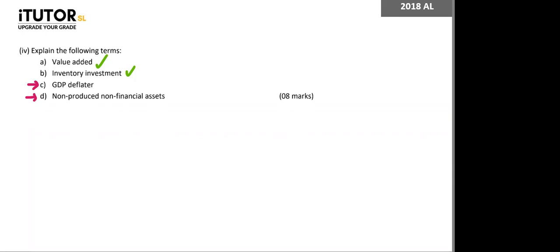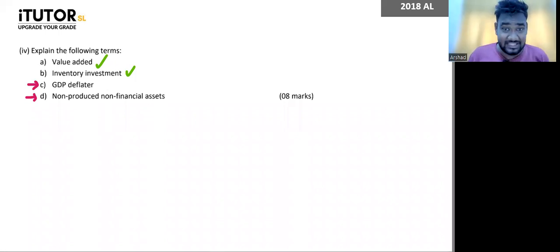So what can I tell about the GDP deflator, guys? GDP deflator, guys, is a measure. Now, I'll give you a nice example. Some of you might ask, isn't the GDP deflator and the National Consumer Price Index the same?